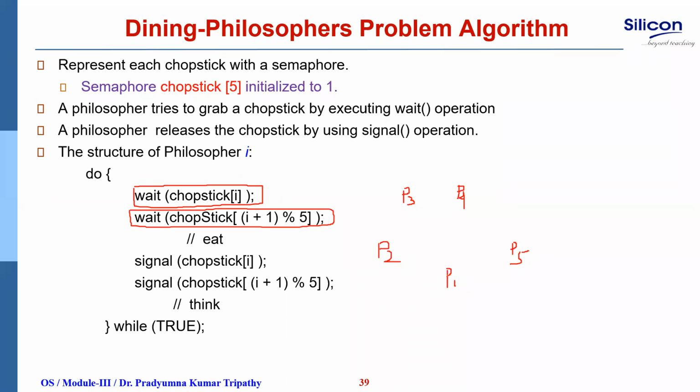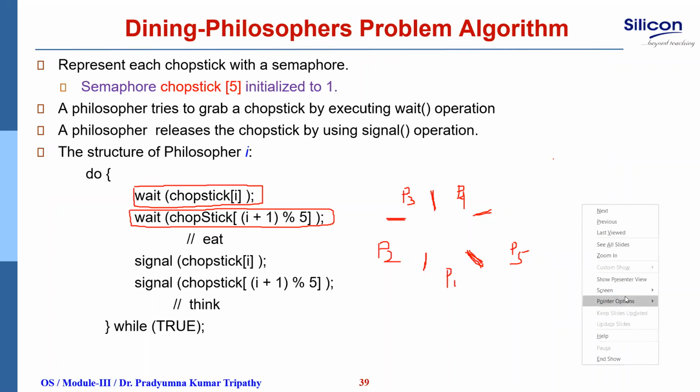If P1 is hungry, it will try to occupy its two neighboring chopsticks. When P2 is hungry, it will try to occupy these two chopsticks. When P3 is hungry, it will try to occupy these two. And P4, when it is hungry, will try to occupy these two. And when a particular process gets its two neighboring chopsticks, only then can it start eating.